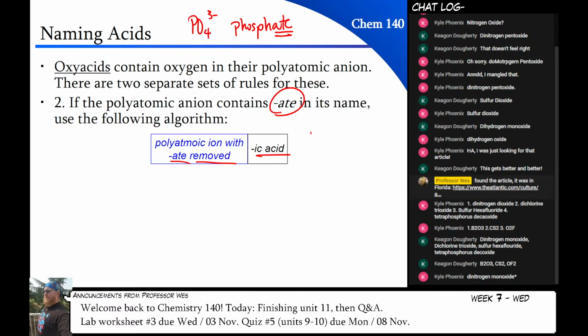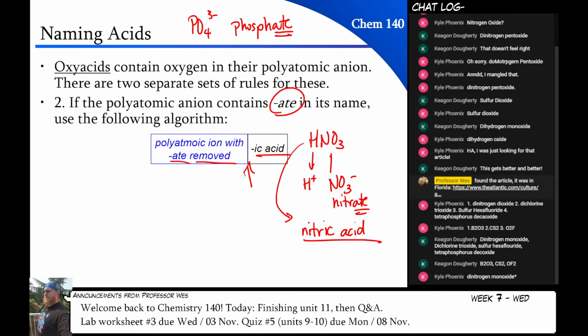So for instance, if I had this, first I would split it into its pieces and say, oh, this is nitrate. It ends in "ate", so it follows this rule. So this must be called, therefore, we'll get rid of the "ate" and add "ic acid", or nitric acid.